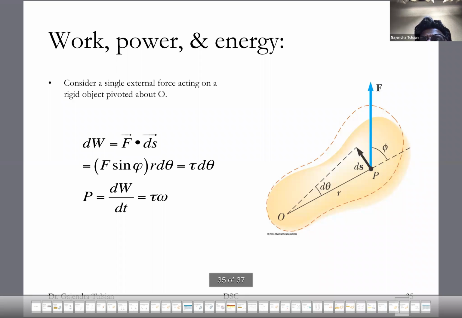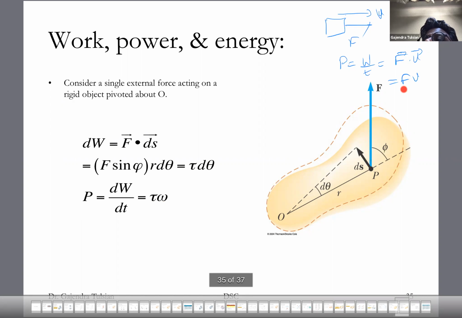Okay, so what this formula slide shows you is, now if you're pushing on an object and it has a velocity v, the rate at which you're doing work on this object, which is the power, is F dot V, and if they're in the same direction, it's F times V. And so the corresponding formula for rotational motion is, if this object is rotating and you're applying a torque by applying a force, the rate at which that force is doing work is tau times omega.